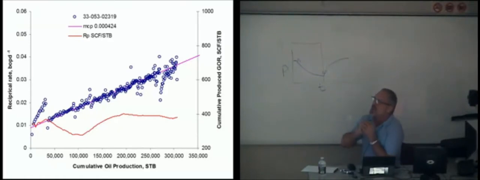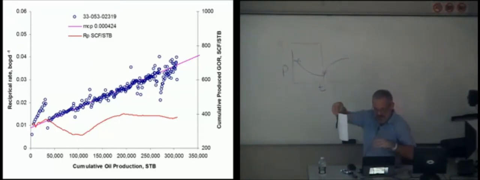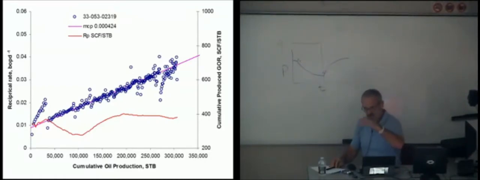Now, if this is a vertical well, I'm emulating the well and the vertical frac, and flow is linear. If flow started to become radial, you would leave that straight line and bend to the right.